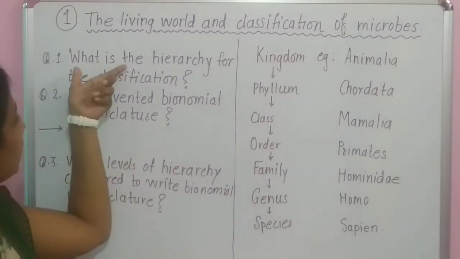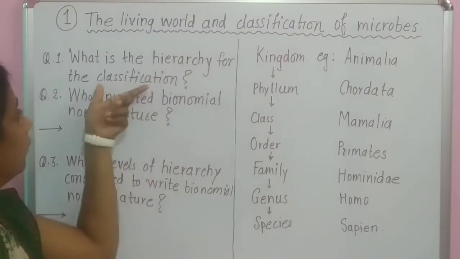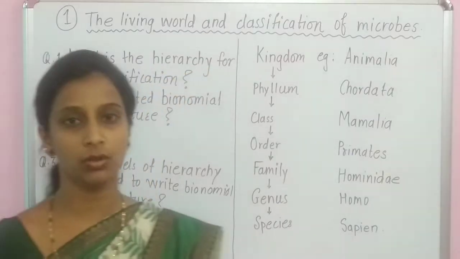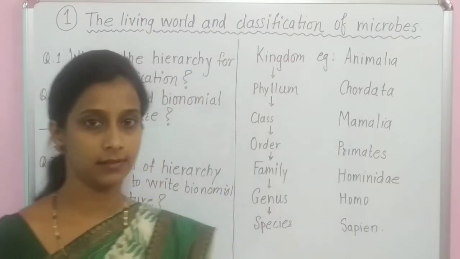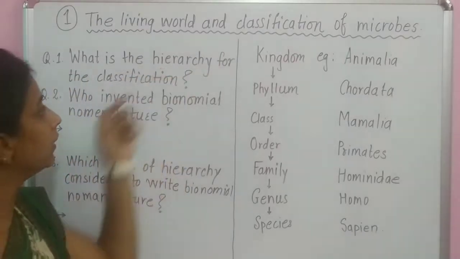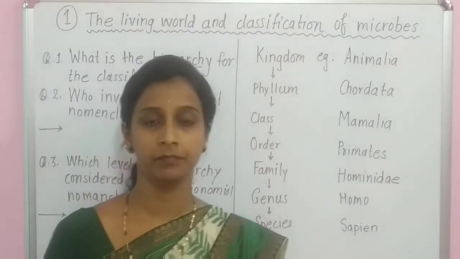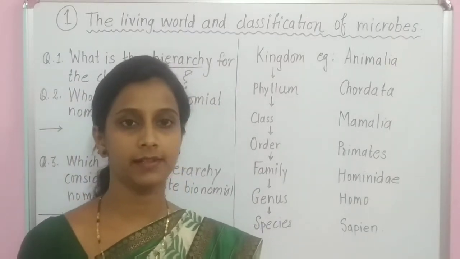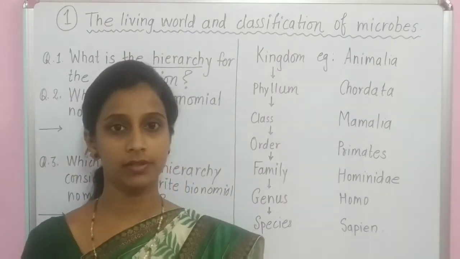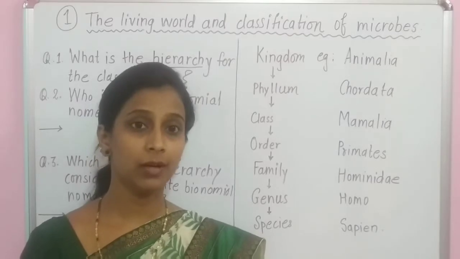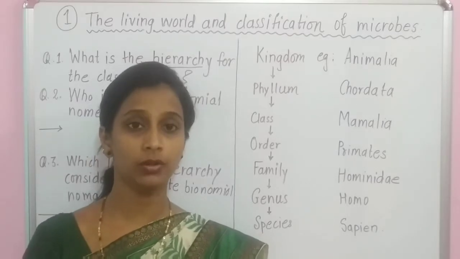Question number 1 is, what is the hierarchy for the classification of living organisms? We will see the meaning of the word hierarchy. Let's take an example. I live in Kolhapur city. How can Kolhapur be identified on the earth?